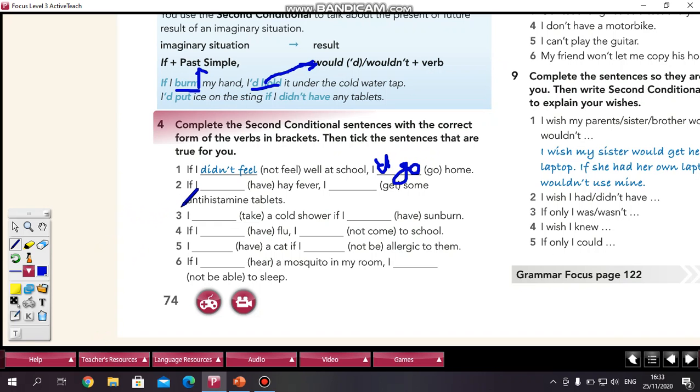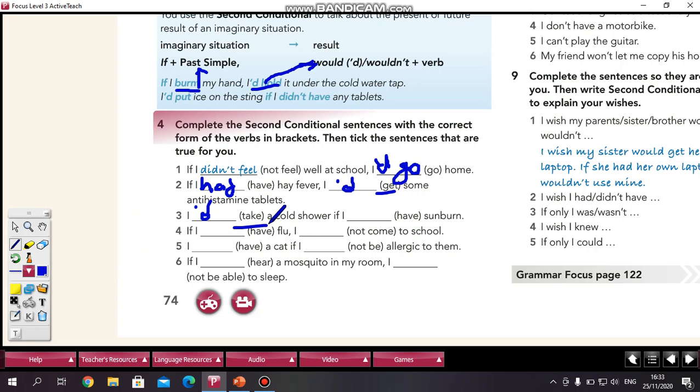If I had, past tense, always past tense, hay fever, I'd, which is short for would, get some antihistamine tablets.